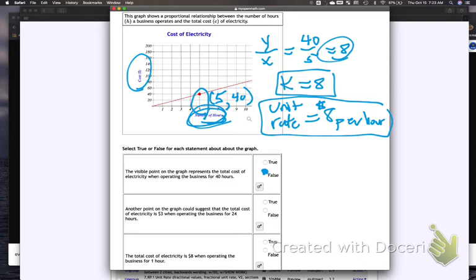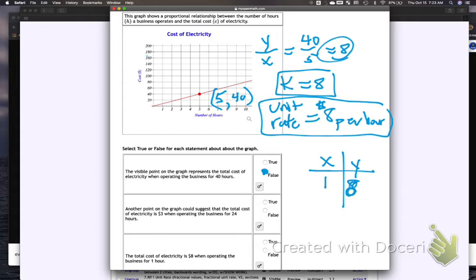Another point on the graph, and I think right now I'm going to erase some of this stuff that I have here. All right, so another point on the graph that could represent the total cost of electricity for $3 when operating the business for 24 hours. So what I'm going to do is put the unit rate here, which is, if it's $8 per hour, then that means that for 1 hour, the cost is $8.